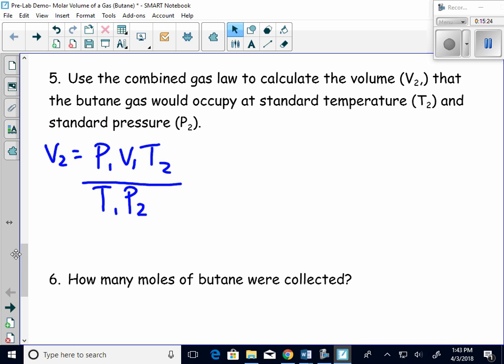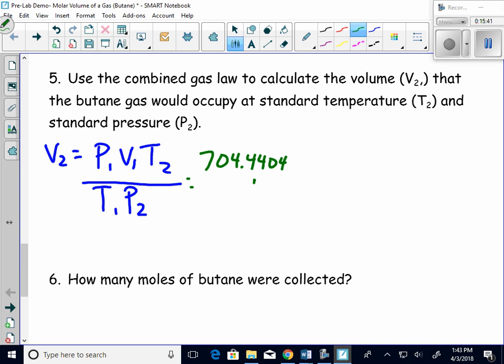Now, all I'm simply going to do is fill in values. I just calculated the pressure, so P1 was 704.4404 millimeters of mercury.